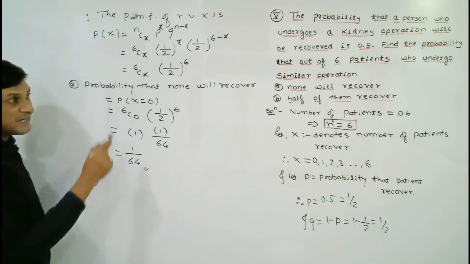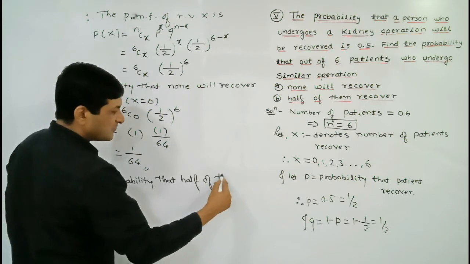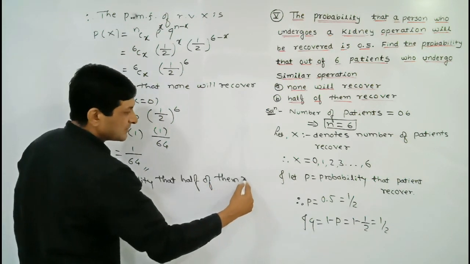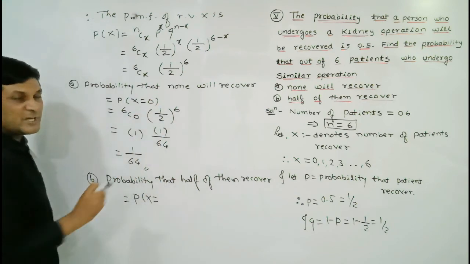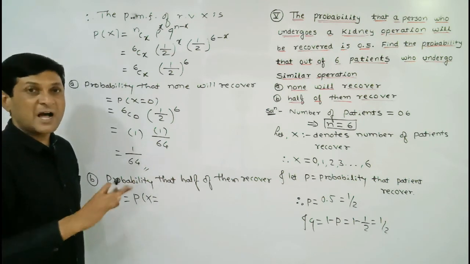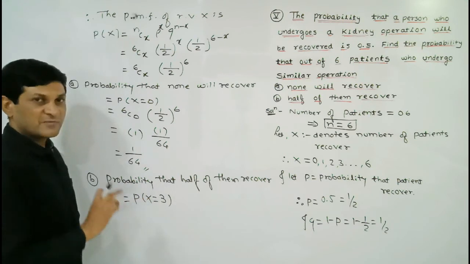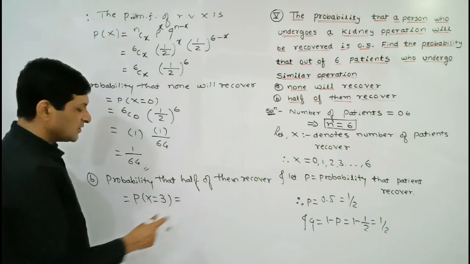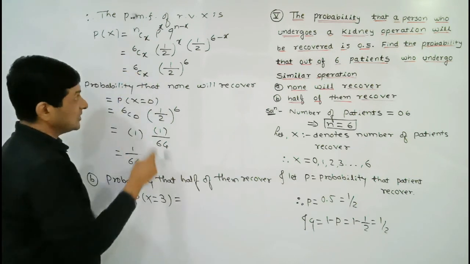Now find the second required probability, that is, the probability that half of them recover. The probability of X equals, how many patients are there in total? 6 patients. Half will recover; what is half of 6? It is 3, so our second required probability is P(X equals 3). The value of X is known to us, so substitute X equals 3.